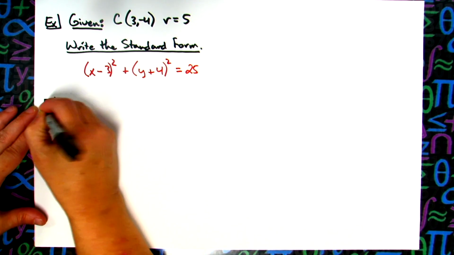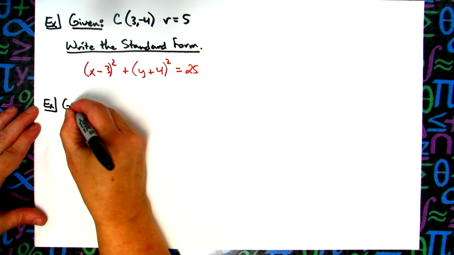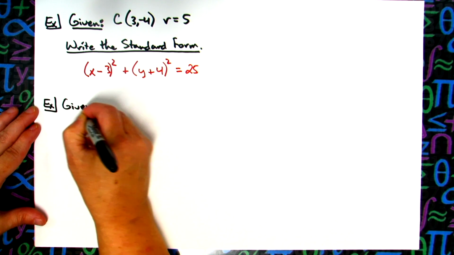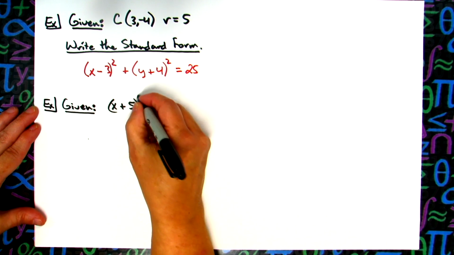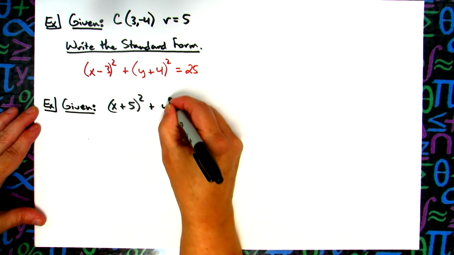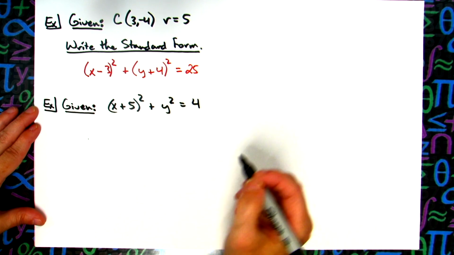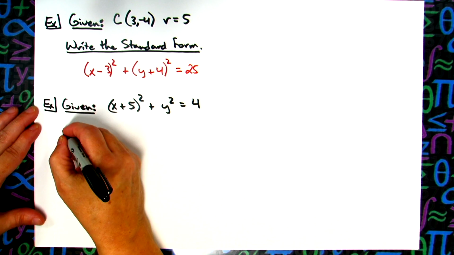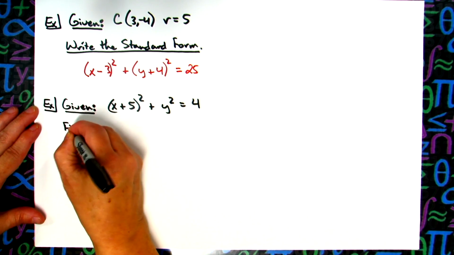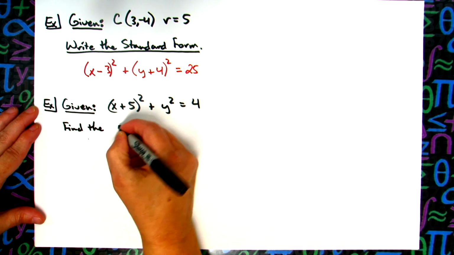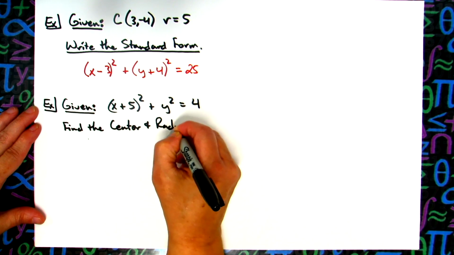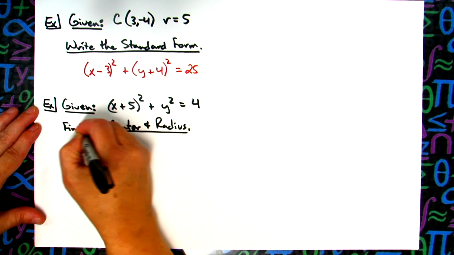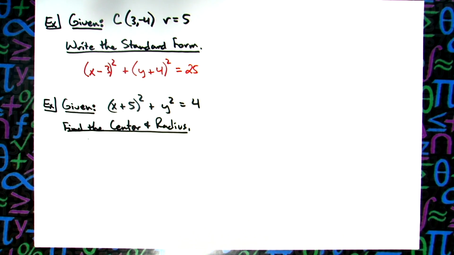So this time maybe you are given, say, x plus 5 to the second power plus y squared equals 4. And instead of saying write the standard form, because I've already got that, I'm going to say find the center and radius. So you're going to find the center and the radius.